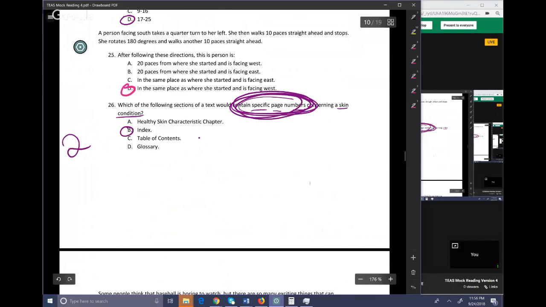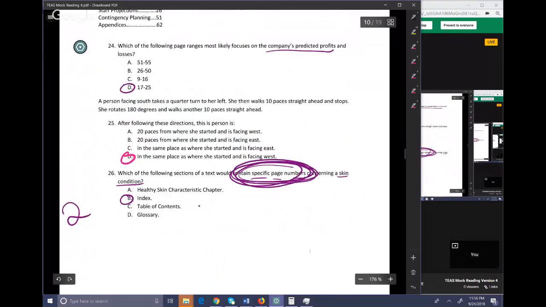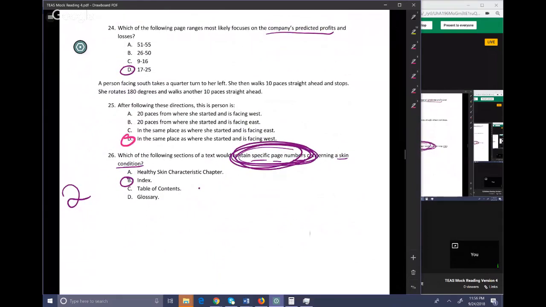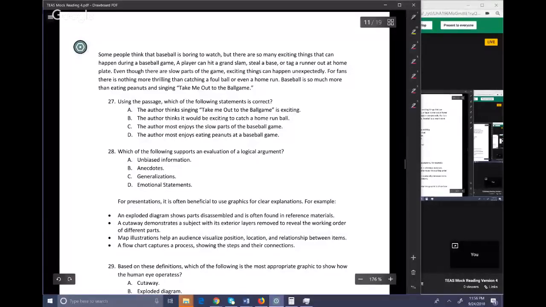All of those things are from reading 2. This, by the way, is from reading 5. So instructions where you go paces or you mess with a word or letters is from 5.